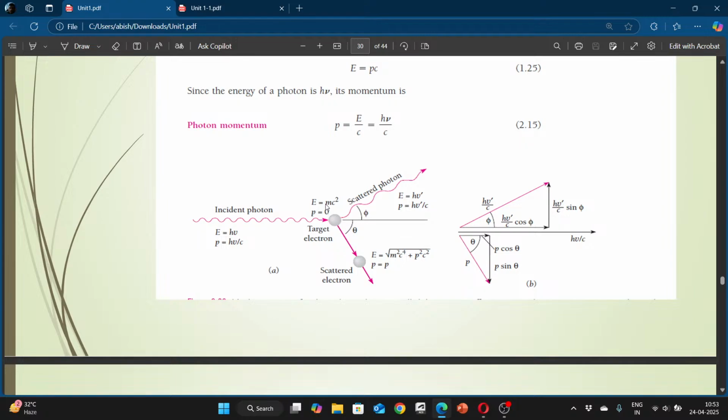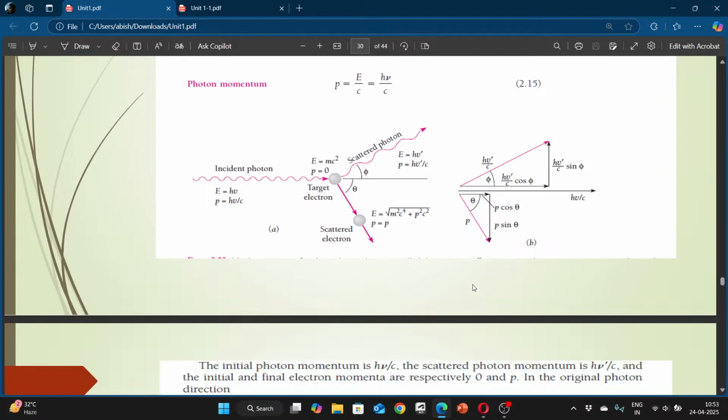So the incident E equal to h mu, P equal to h mu by c. A photon falls on an electron, E equal to mc square, P equal to 0. And this is an inelastic collision, and the scattered electron goes this way, with P equal to the P that came in, and E equal to the square root of mc square the whole square plus pc square the whole square. The scattered photon goes this way with h mu dash and h mu dash by c, with sin phi and cos phi.